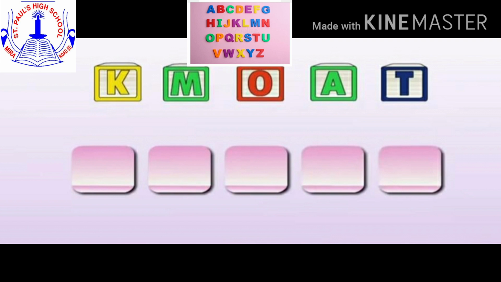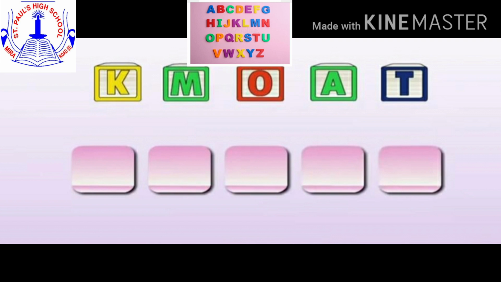Let us practice the next in capital letters. K, M, O, A, T. So let us put them in alphabetical order. The first alphabet is A. So we will write A first. Then B, C, D, no. E, F, G, H, I, J, K, no. L, no. M, yes.